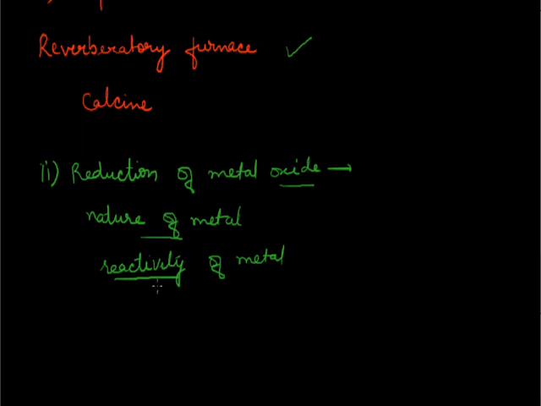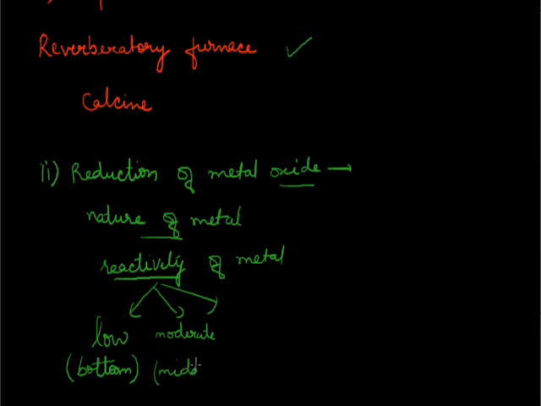So on the basis of reactivity, we can form three categories of metals. Metals which have very low reactivity, which are placed at the bottom of the reactivity series. Second category can be of metals which have moderate reactivity, which are not very less reactive, not very highly reactive, which are placed in the middle of the reactivity series, and metals which are highly reactive, which are placed at the top of the reactivity series.